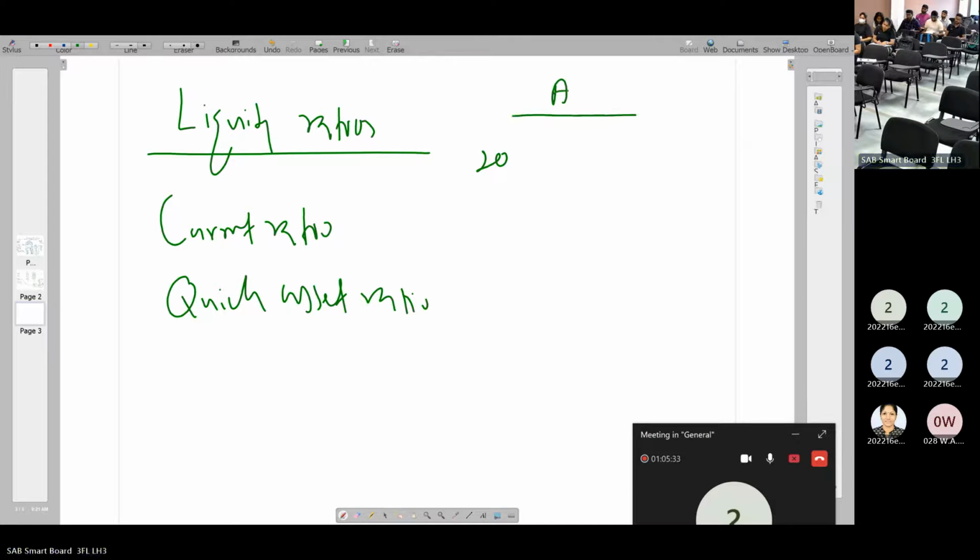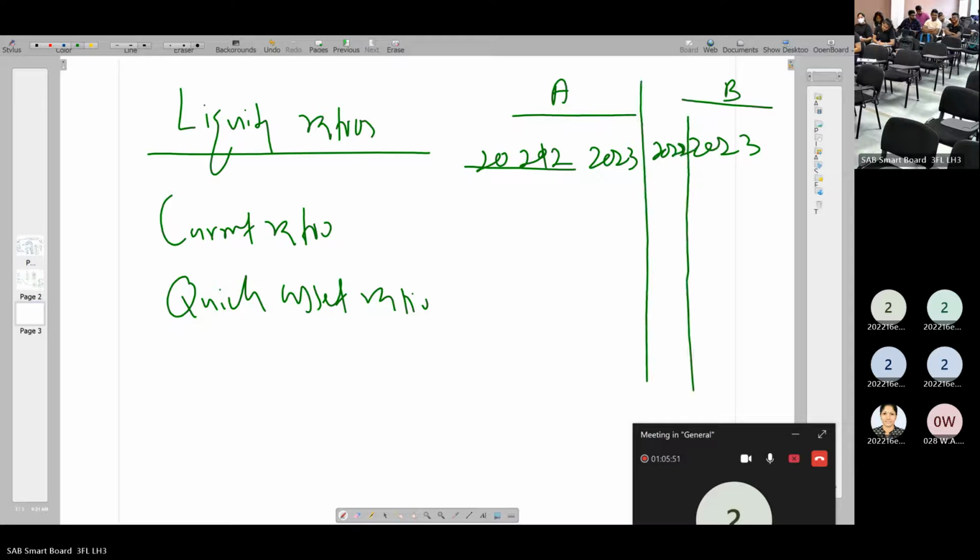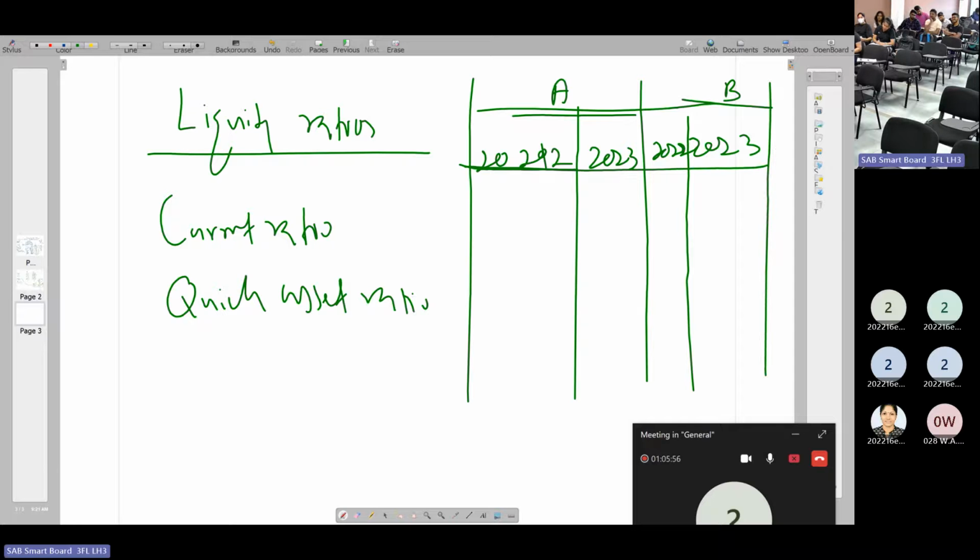Company A, Company B, 2022, 2023. This company's current ratio means what? Current assets divided by current liabilities.